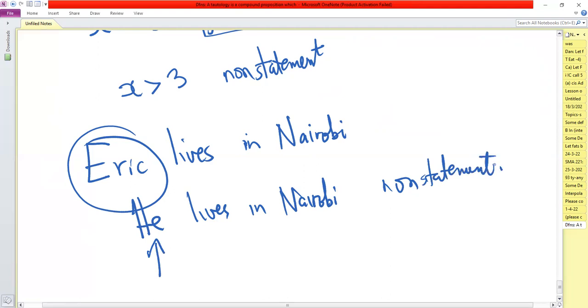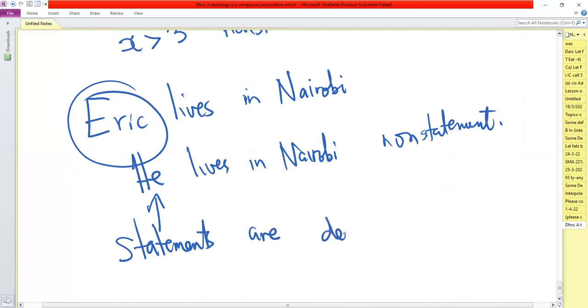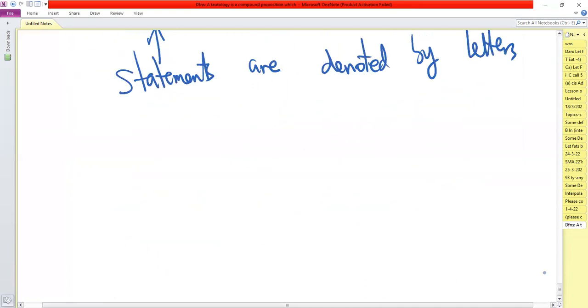So that's really what we understand by statements and non-statements. And then remember, statements are denoted by letters.